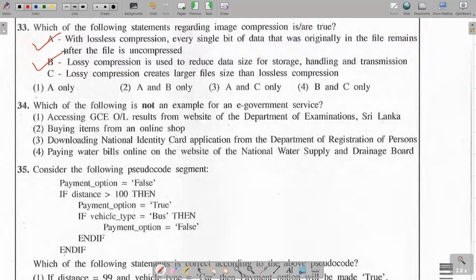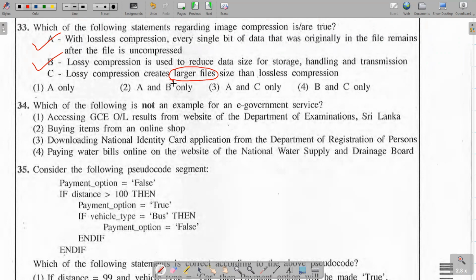And part C says lossy compression creates larger files than lossless compression. Lossy compression creates larger files? No, not larger files. It creates smaller file sizes than lossless compression.